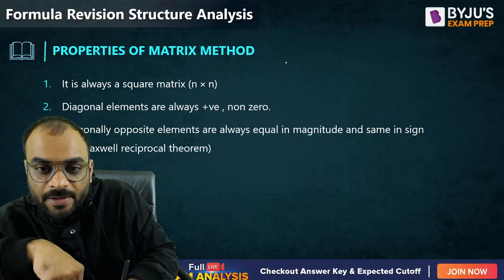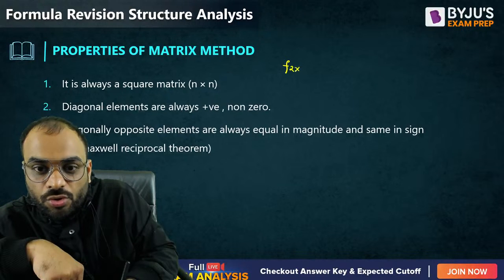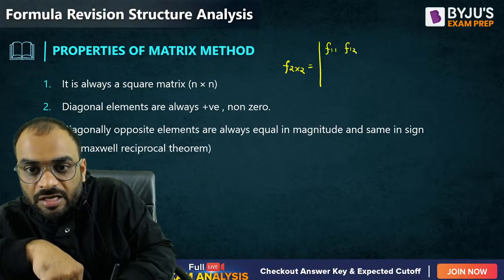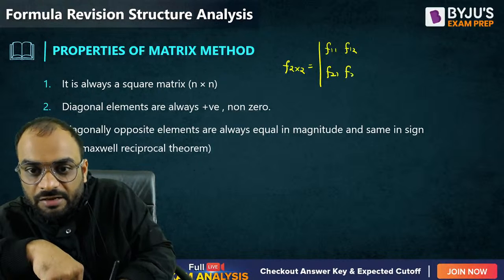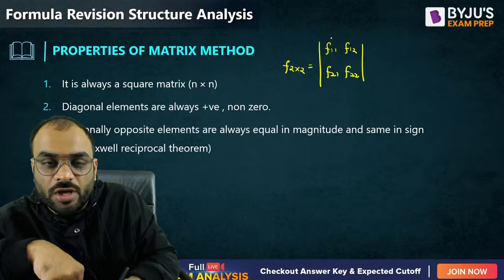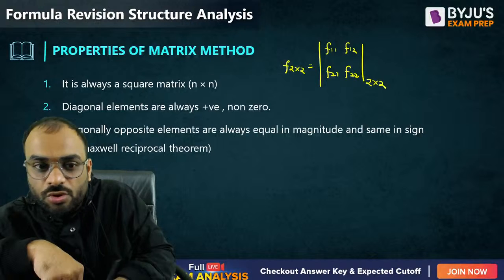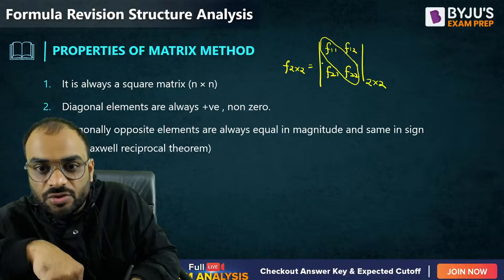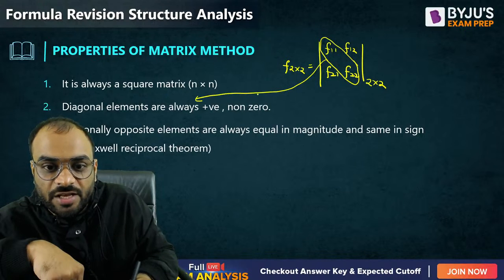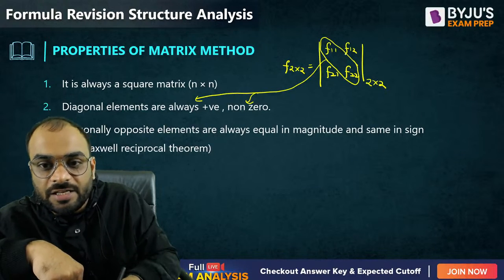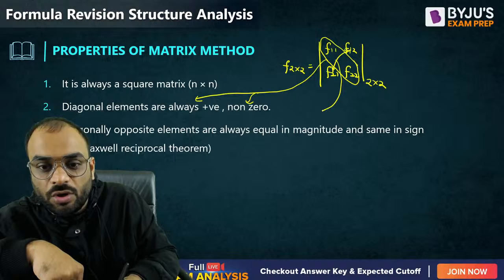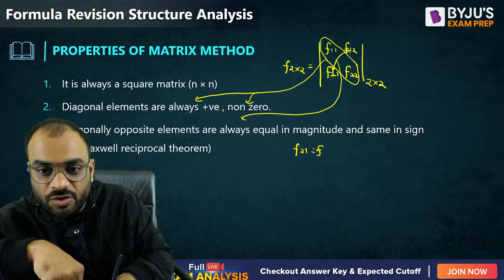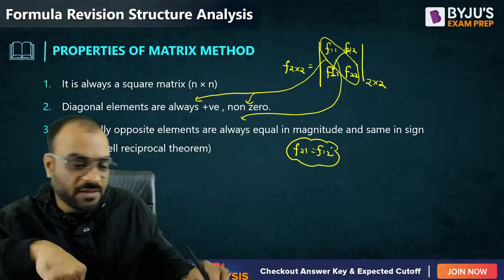Let me explain it. Let us suppose I have a 2x2 matrix here, so the elements will be F11, F12, F21 and F22. So this is a square matrix, and the order is 2x2. The diagonal elements are always positive and non-zero in nature, and the diagonally opposite elements are always the same in magnitude and sign. That means F21 and F12 are always the same, like this.